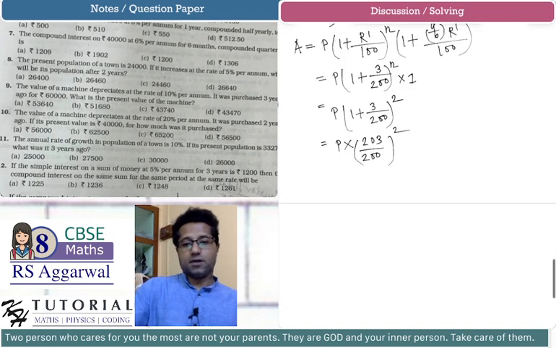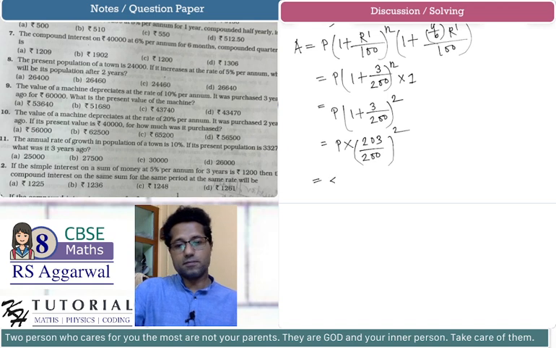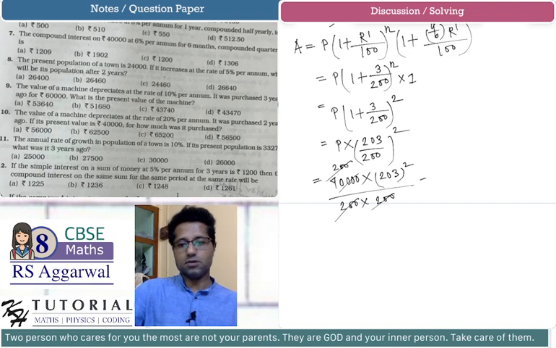Okay, let's see what happens. This is problem number 7. So P is 40,000 multiplied by 203 whole square and divided by 200 square, which is 200 multiplied by 200. So 200 cancels 40,000 with 200 and 200 cancels out. So this is equal to 203 square.